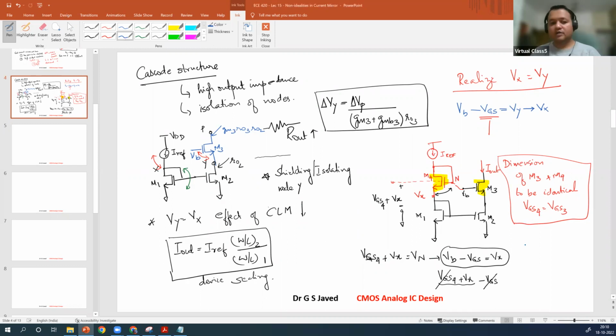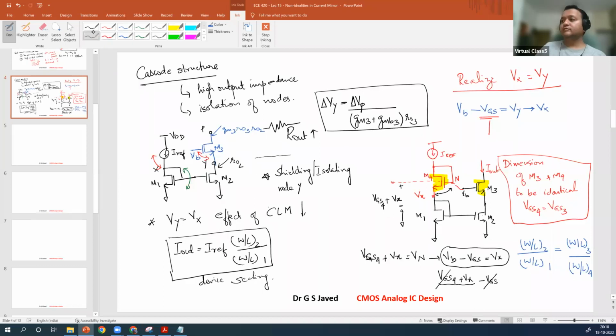This ratio, W by L2 over W by L1, should have the same ratio as W by L3 over W by L4. You should note that the ratio needs to be the same.